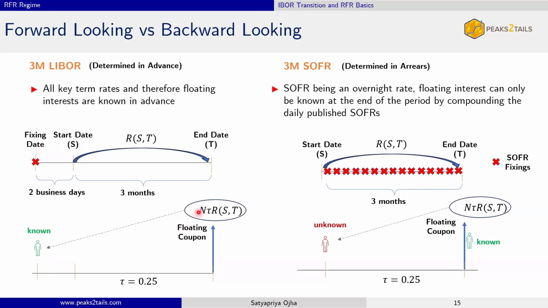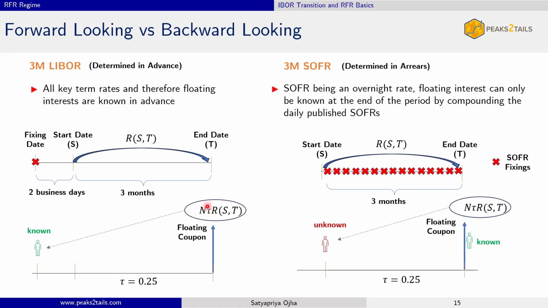So here, if you look at this particular picture right below, the floating coupon rate is nothing but the notional times year fraction. Year fraction is 0.25 for 3 months, right? It could be a little bit different based on the day count convention, Act by 360. Number of actual days might be different, but for convenience, I'm taking it as 0.25.